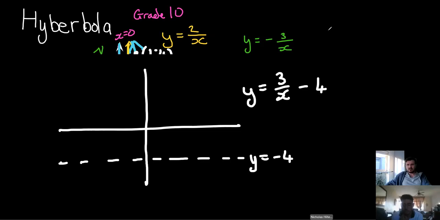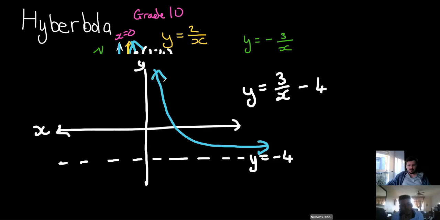So we're almost not even worried about the x-axis. We're going to treat it like we're dealing with this. I'll do it in blue. So we're actually just going to do that and this. Okay, so it's like ignore the x-axis.